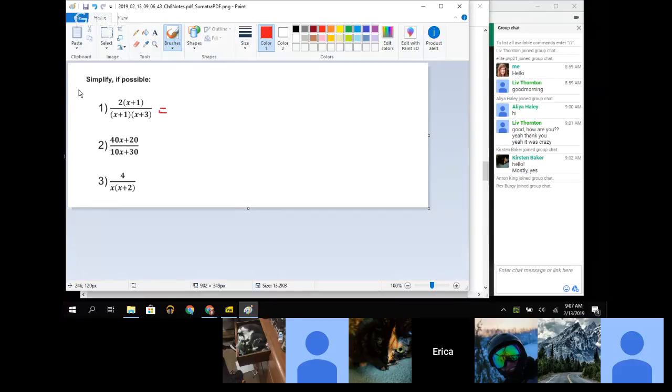So what I know about this is, if I want to think about the domain, I'm doing a little 8.3 review. The domain is controlled by the denominator. So it is when the denominator equals 0 that we have our asymptotes. So I want to know, when does the denominator equal 0?